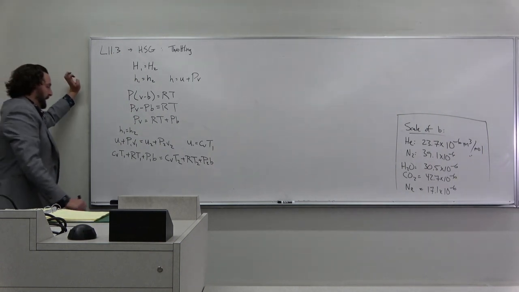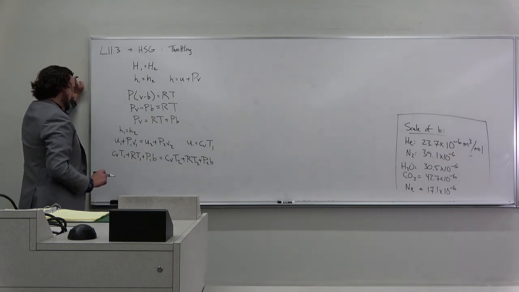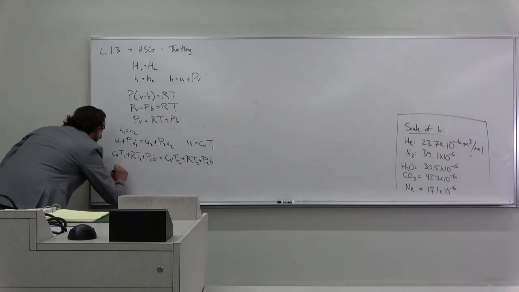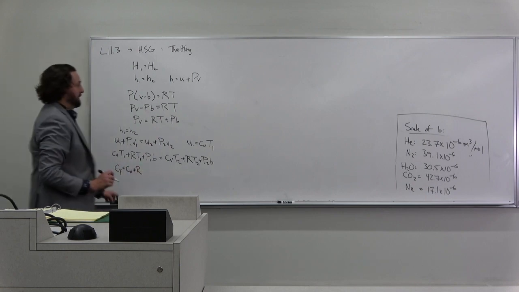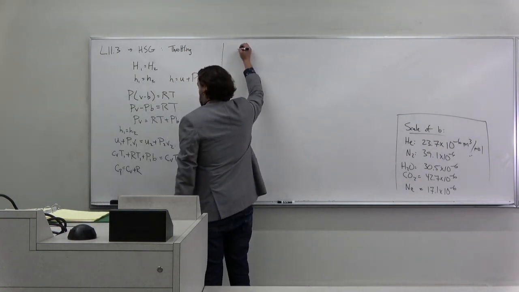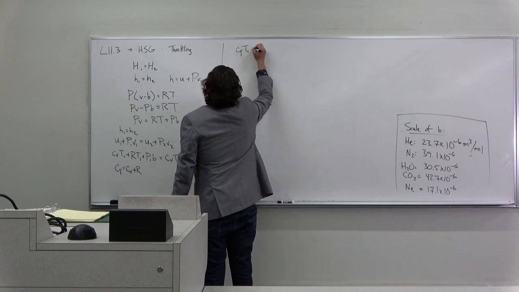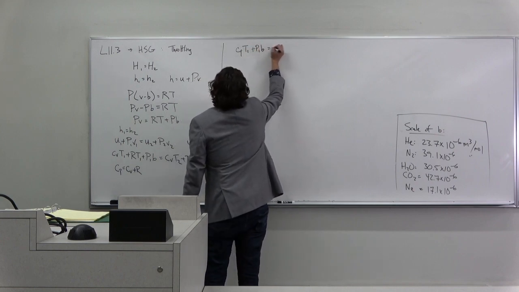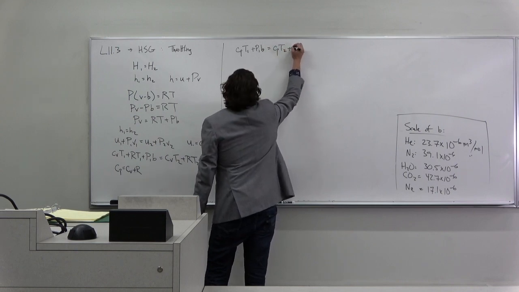Now, CV plus R is simply CP, right? CP equals CV plus R. And so we can rewrite this as CP T1 plus P1B equals CP T2 plus P2B.